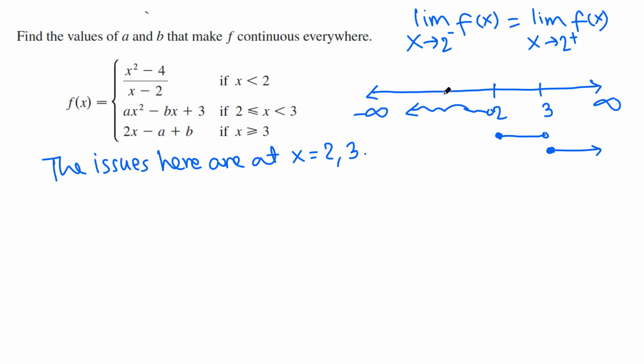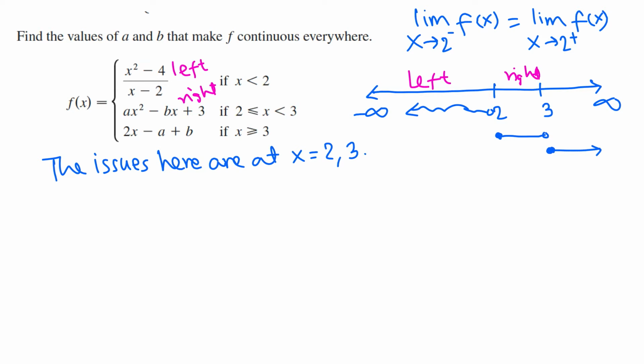So at 2, for the left hand limit, I'm on the left, so that's the left part, and this is the right part. So for 2, this will be the left and this will be the right. So I'm going to find the limits there.